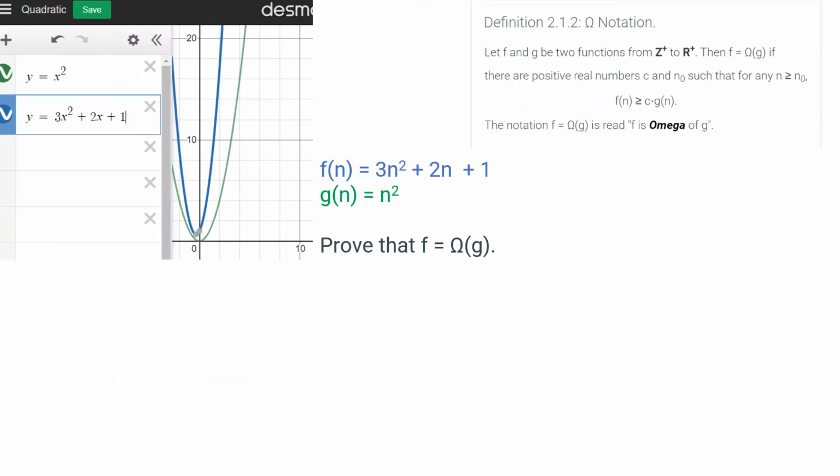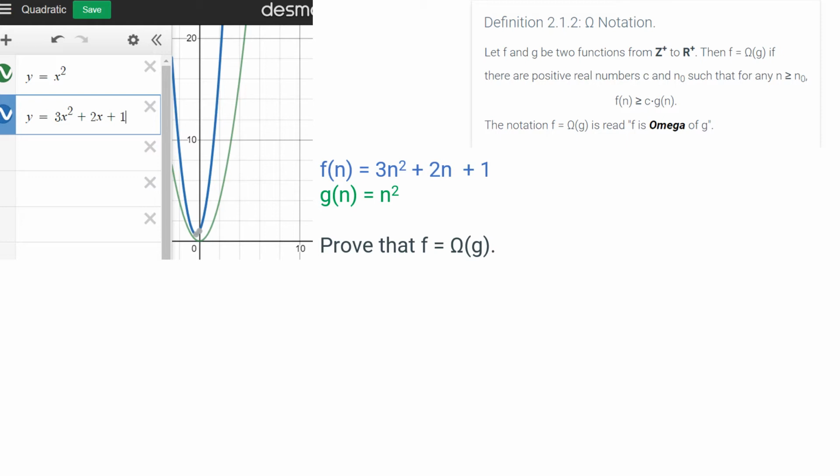Now, we just learned that general rule, but what if we want to check that out for ourselves? Let's see if we can do something algebraically to prove to ourselves that in this case we have f, a function of degree 2 with a positive leading coefficient, and then we have g, which is just n to the second power.